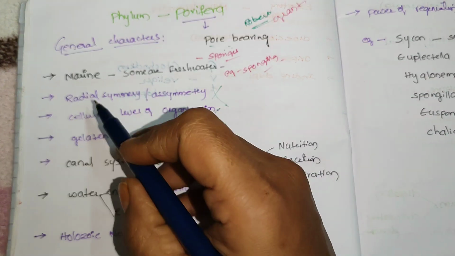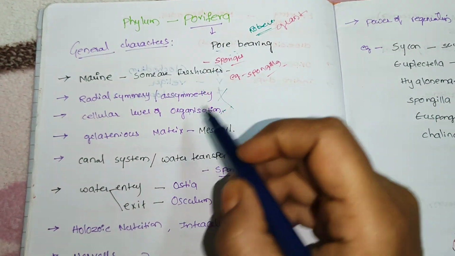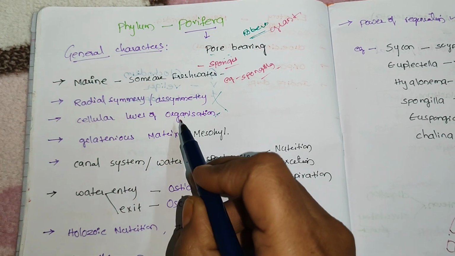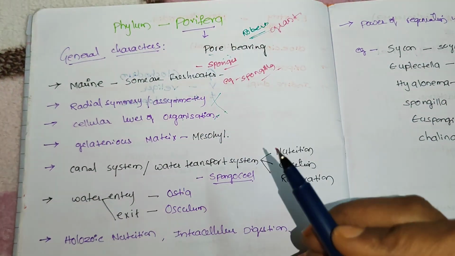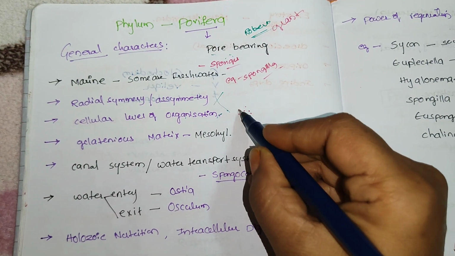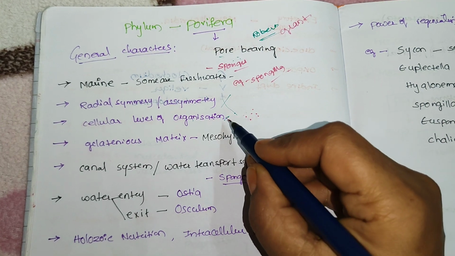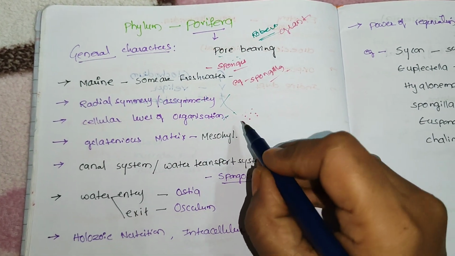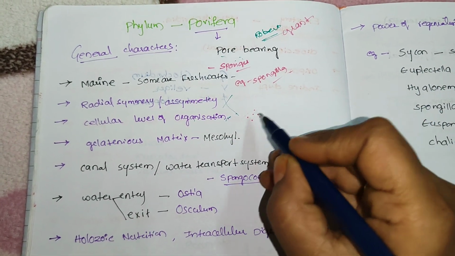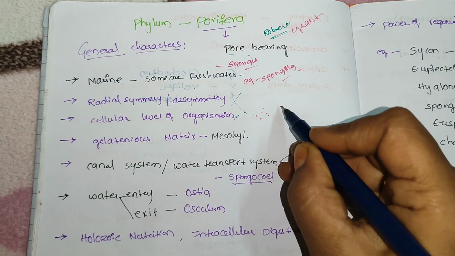This is an exception, but mostly they are marine. Porifera also have the cellular level of organization. These are multicellular organisms, but there is no coordination between the cells. Because of this lack of coordination, it is a cellular level of organization. There is no division of labor; each individual cell carries out its own function.